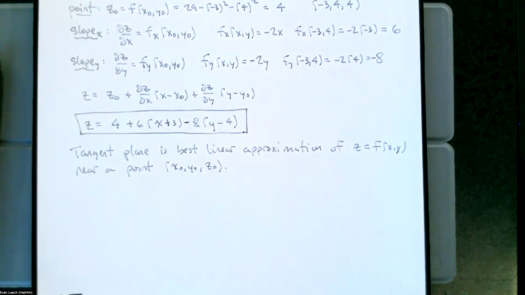This is the same thing that we had with tangent lines. Tangent lines were the best linear approximation of a function near a point. Tangent plane is still the best linear approximation of a function near a point.